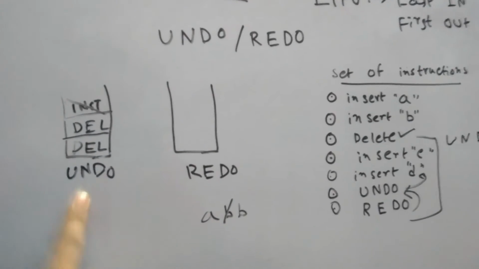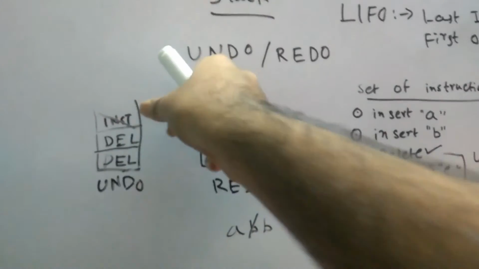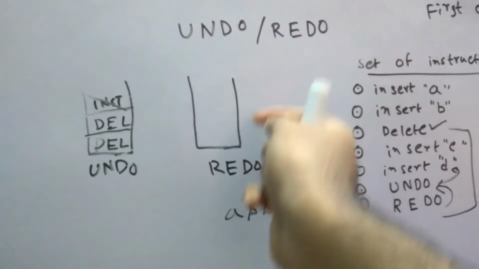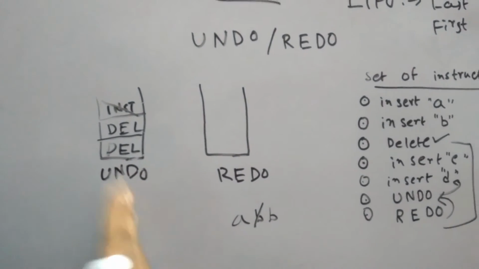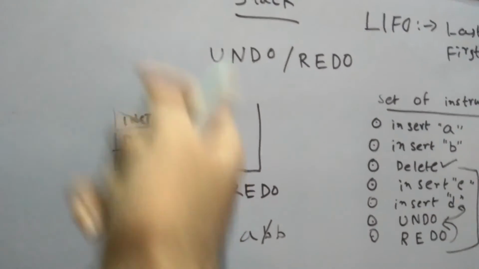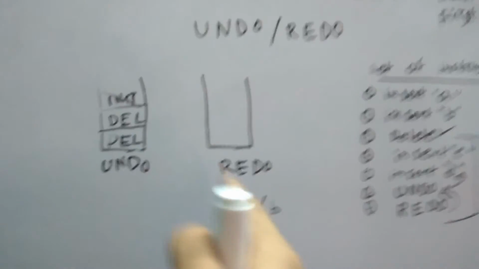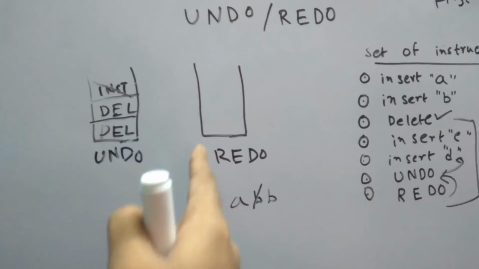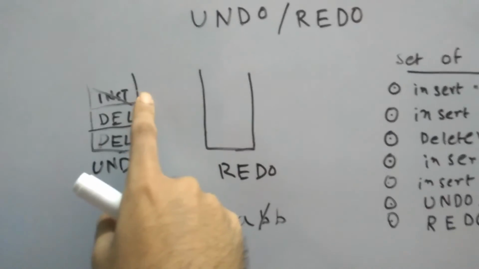So whenever we encounter any undo instruction, we have to take the opposite of the undo instruction and store it in the redo stack. I hope this is making sense, because whenever we are undoing something, if the user says redo, we have to do the exact opposite of that undo operation. So that's why we have to keep track of that undo's opposite also.